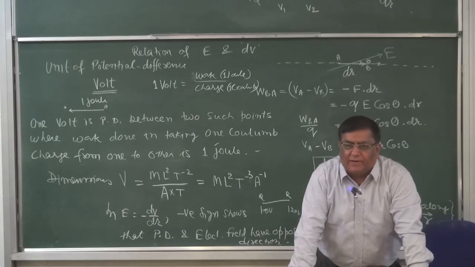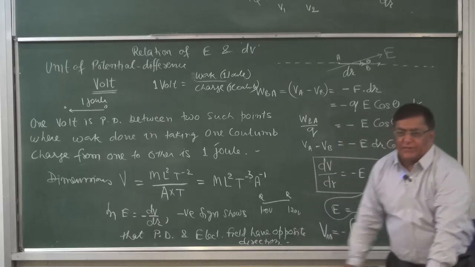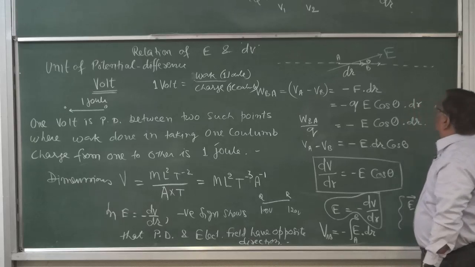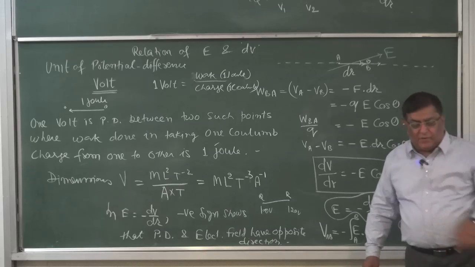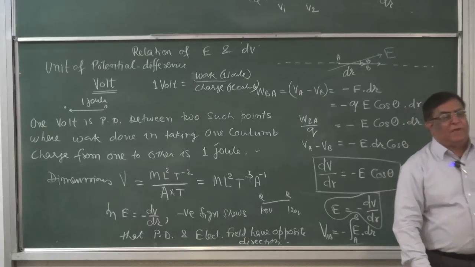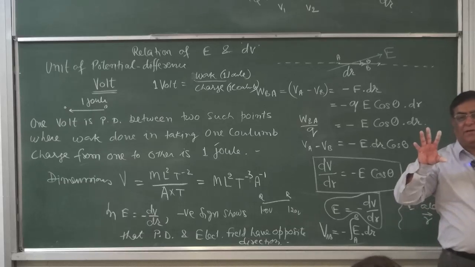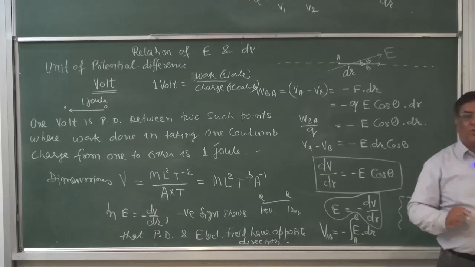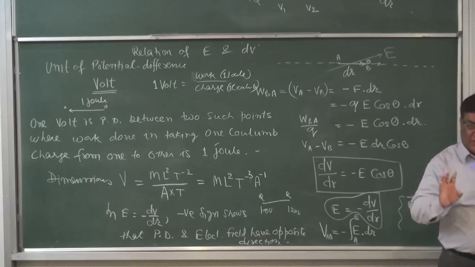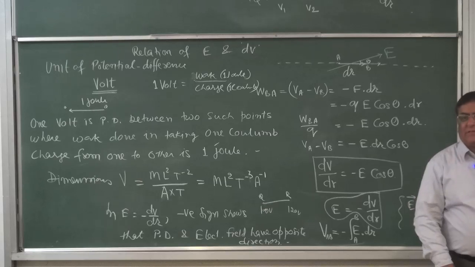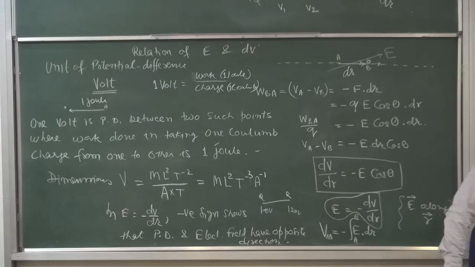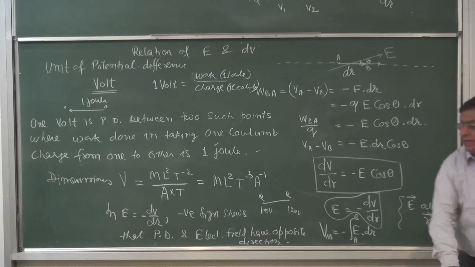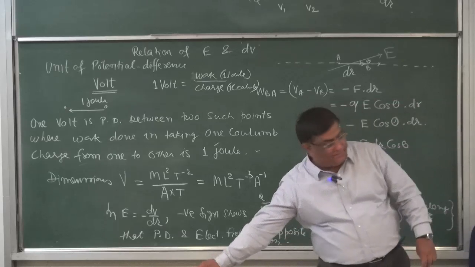So far we have done potential due to a single charge, and what was that? Q upon R. Now we will see if in a place there are more than one point charge. There may be 2 charges, there may be 3 charges, there may be a system of charges. How do we calculate potential because of that?